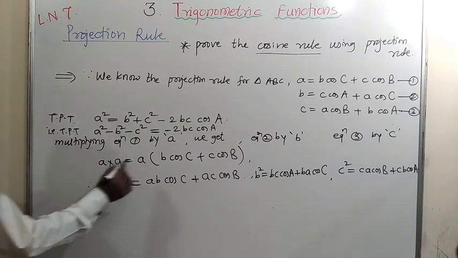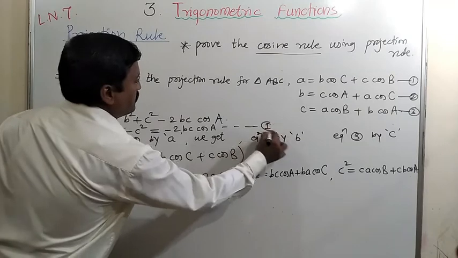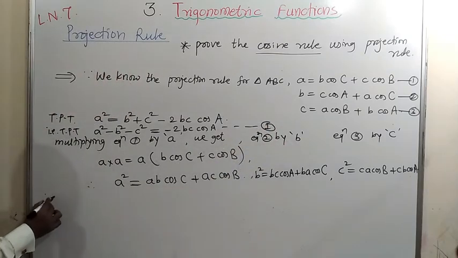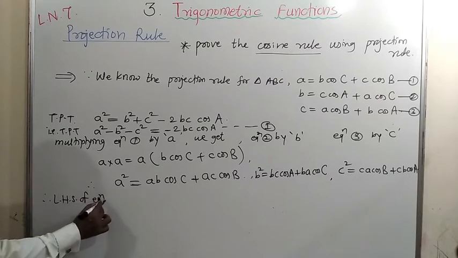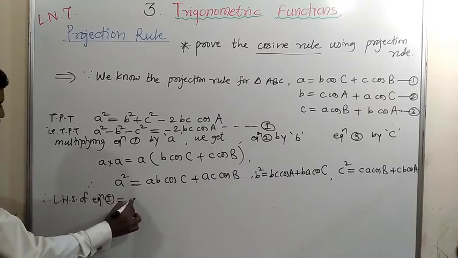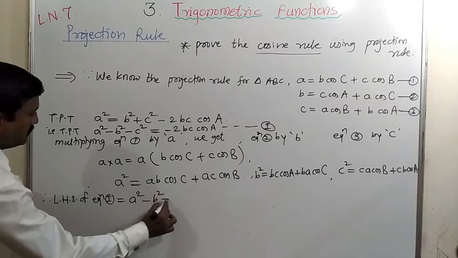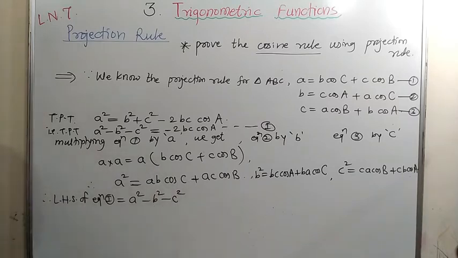So LHS of equation 1, that is a square minus b square minus c square.